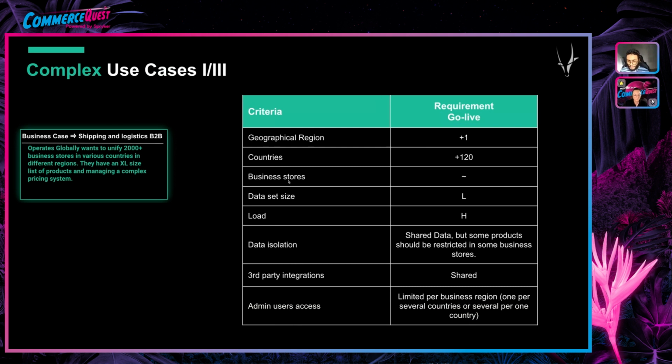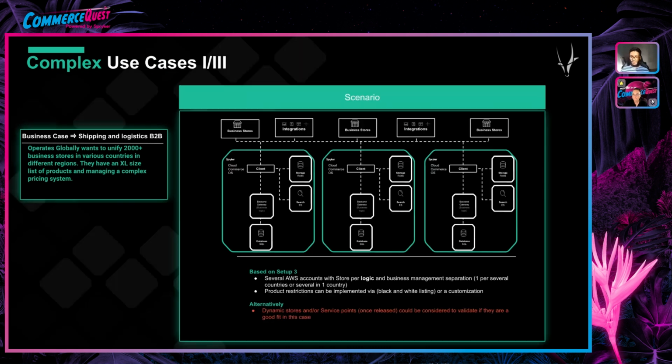So the grouping option for this scenario is actually the third option, because this is an actual use case. There are integrations that are shared, and it could still be within the same code base.